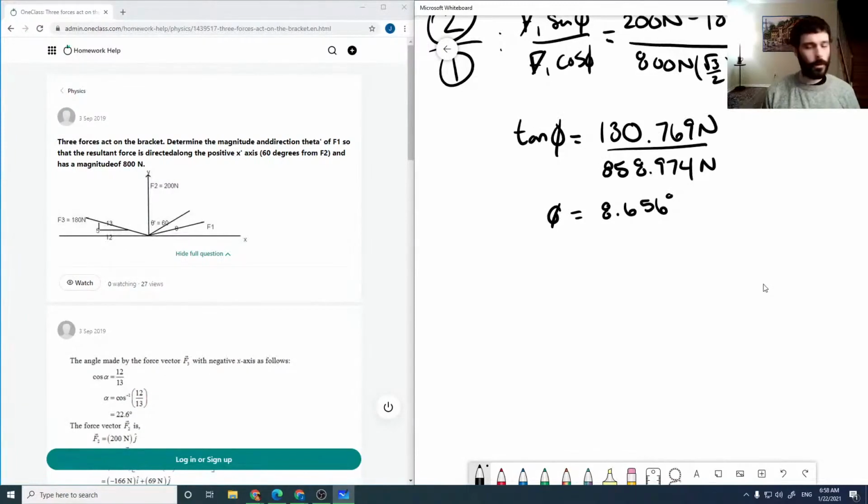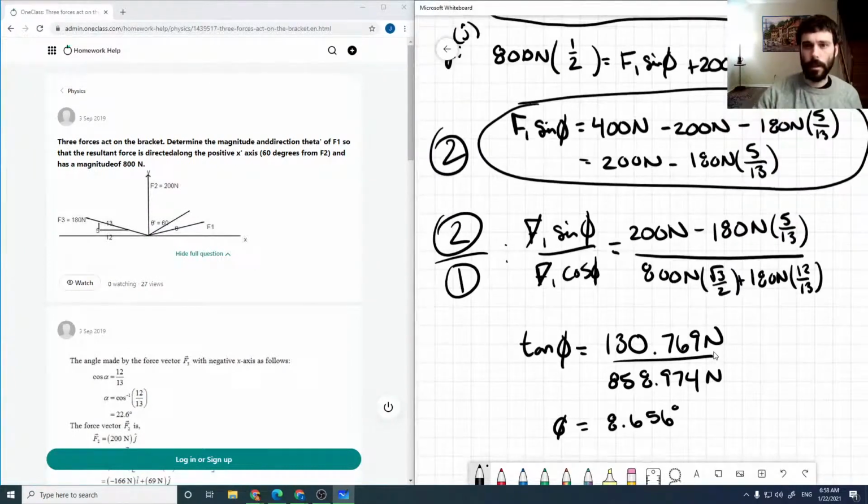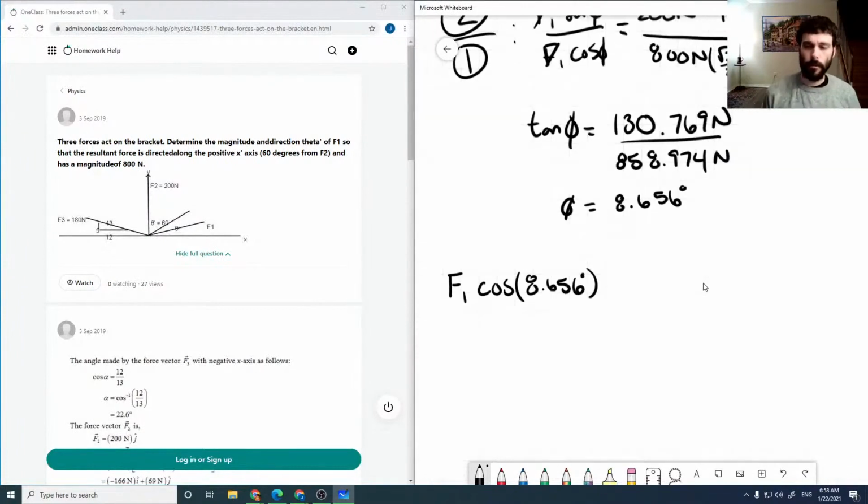And then for my force, I can use either of the equations. So I can say that F1 times the cosine of 8.656, which would be the first equation there, is equal to, I'll just again keep it all worked out here, 858.974 newtons.